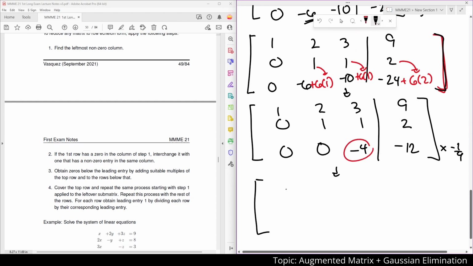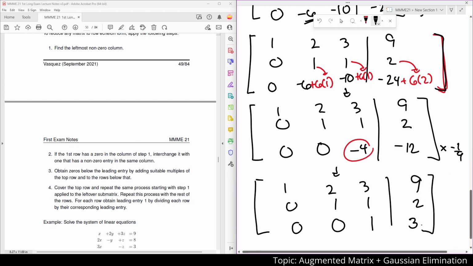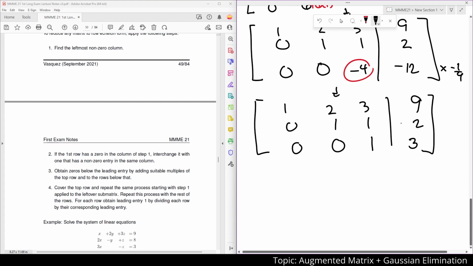And doing that, we would have 1, 2, 3, 9, 0, 1, 1, 2, 0, 0, negative 4 times negative 1/4, you have 1, negative 12 times negative 1/4, you have 3. And obtaining this, we now obtain a row echelon form of AB.